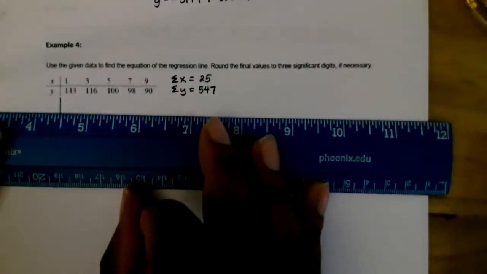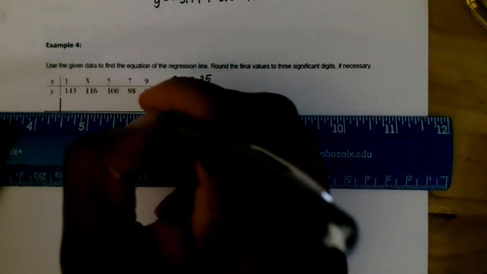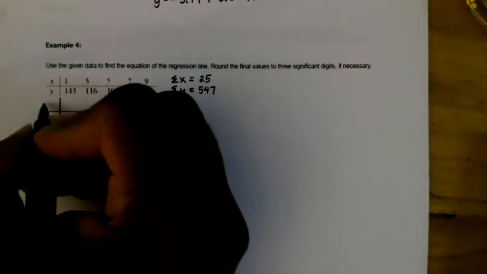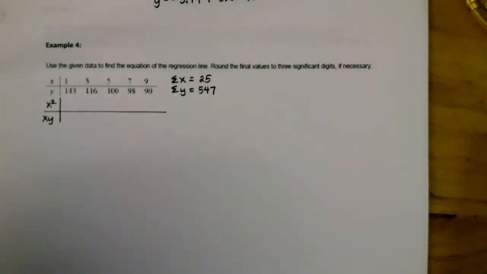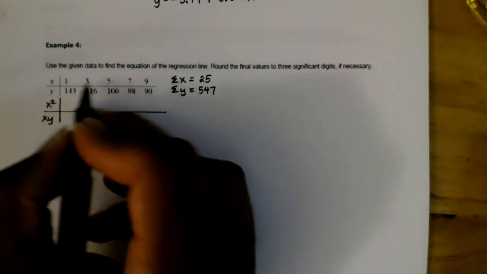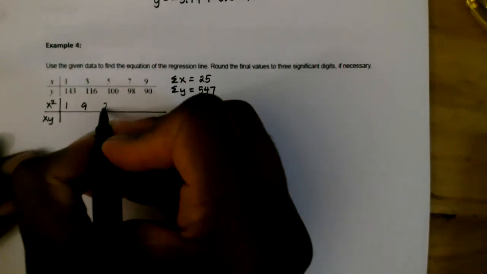So I'm going to extend this table out a bit. So here I'm going to have an x squared and x times y. So all I'm going to do is square each individual x value. So 1 squared, or 1 times 1 will be 1. 3 squared, or 3 times 3 is 9. 5 squared, 5 times 5 is 25. 7 squared, or 7 times 7 would be 49.